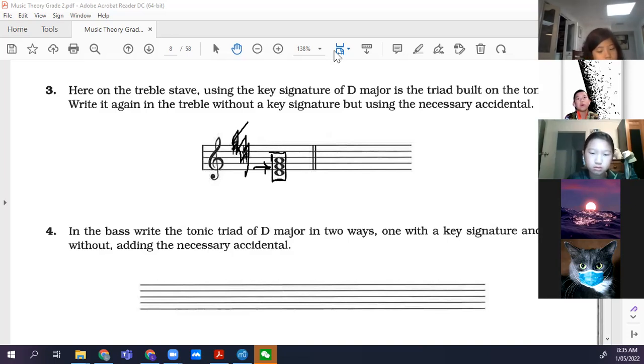Which is not what we want, and I doubt you guys know what D minor is. So if we were to remove the key signature, we would need to manually put a sharp on this note. I remember accidentals go before the note, so then it would look something like that.